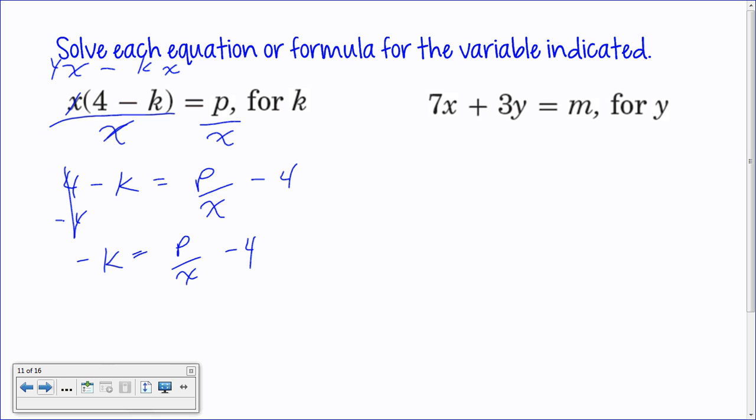Am I finished with number 5? No. Raise your hand if you know why. Gotcha. Okay, it's negative. Can I leave a variable? Is it considered isolated if it has a negative in front of it? No. So I must do what?